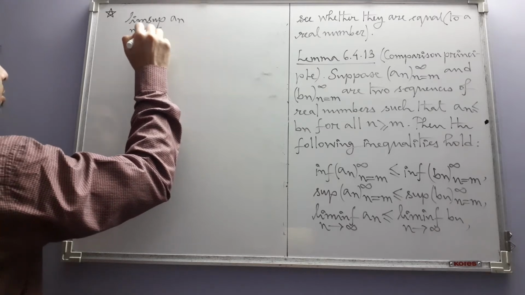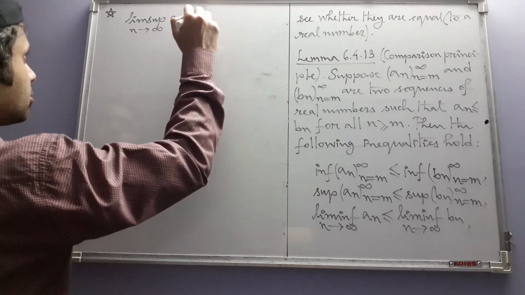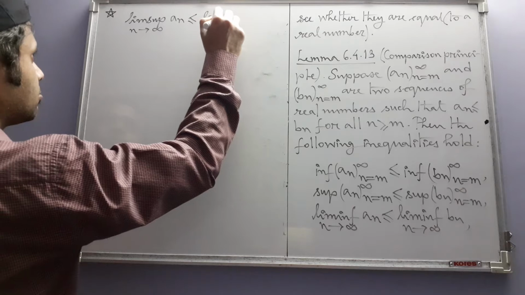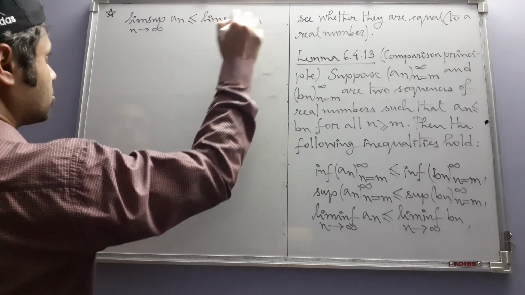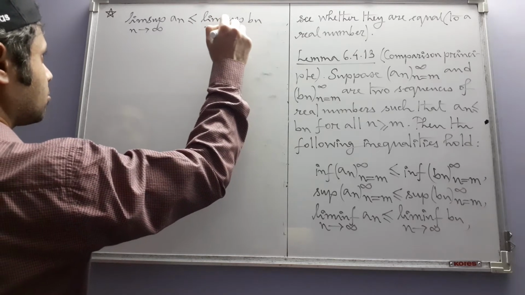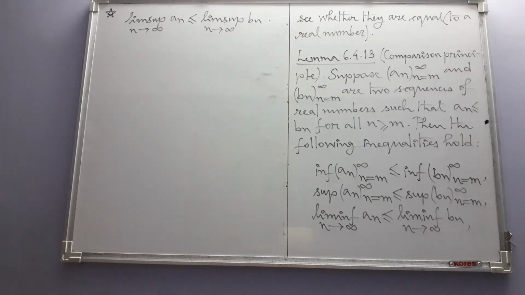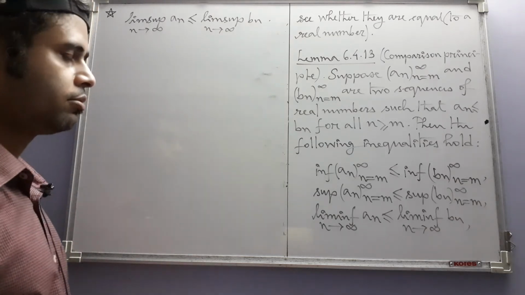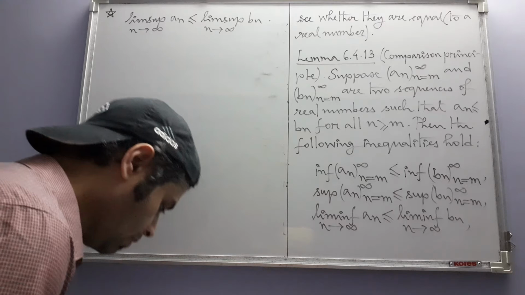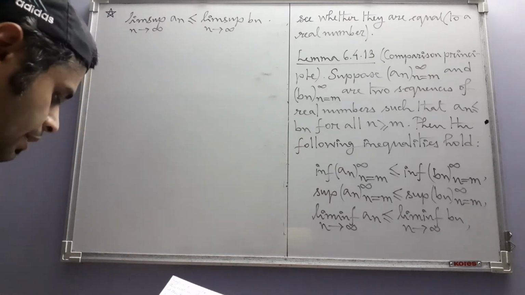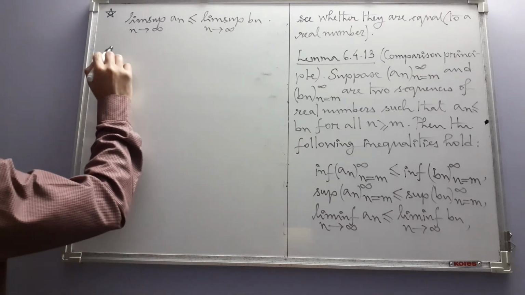The limit superior of a_n is less than or equal to the limit superior of b_n. This we are not going to immediately prove, we will see its proof in the exercises.